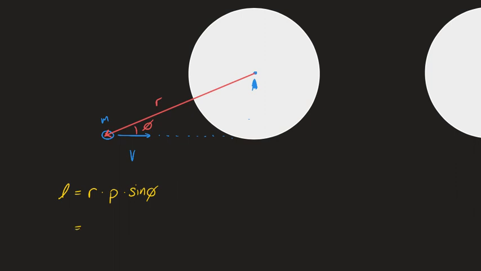So, r m v sine of the angle. That's how it's defined. And we state that the object has angular momentum, and we should say it fully, relative to the middle of the merry-go-round.